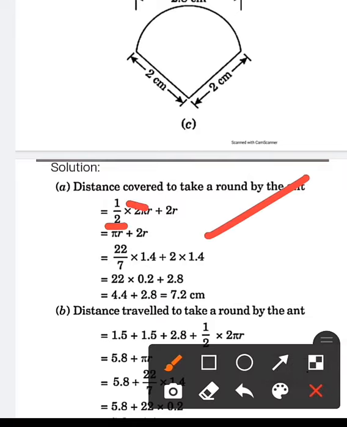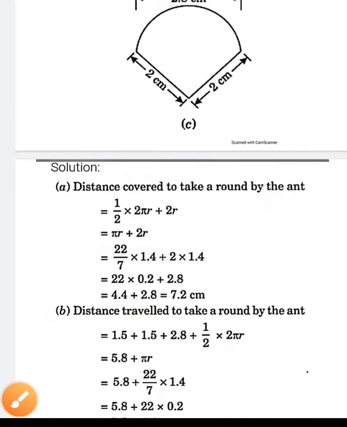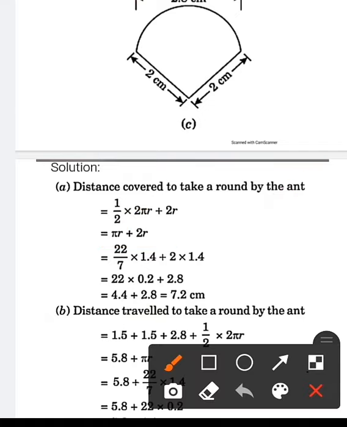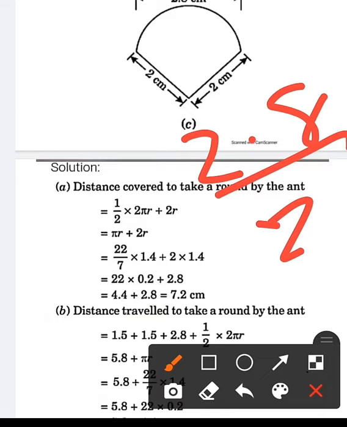Now this 2 and 2 cancel, so actually only pi r is left, so pi r plus 2r. 2r means this 2.8 we have to add. Keep the value of pi as 22 upon 7 into r, where r means radius. The radius is 1.4, we take half of 2.8, so we will get the radius: 1.4.